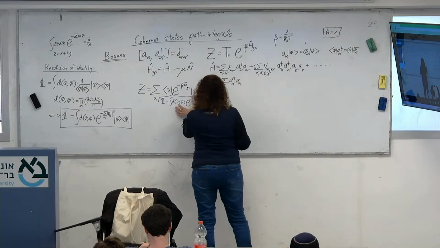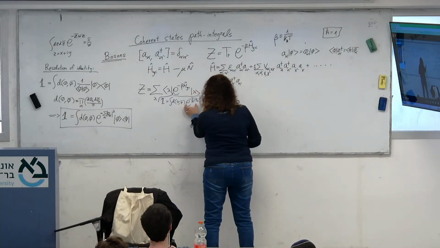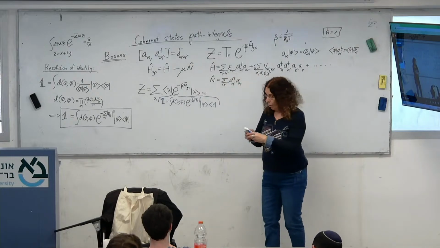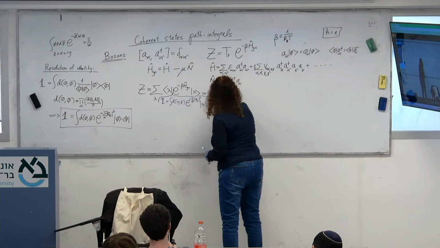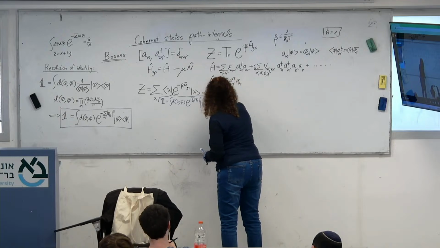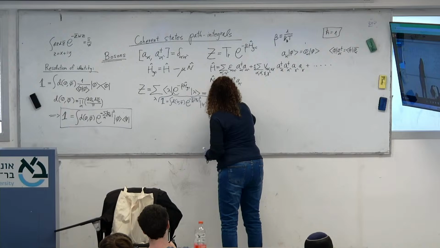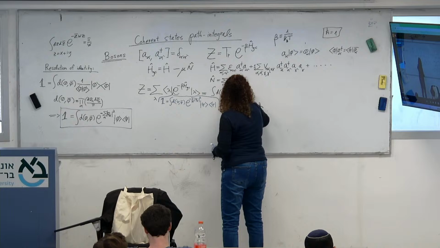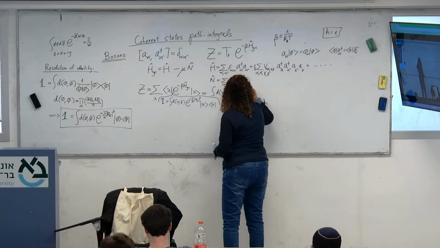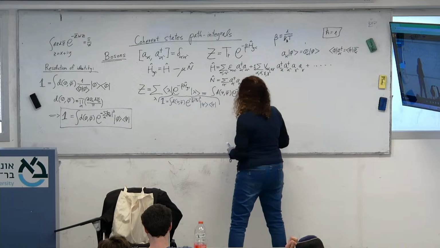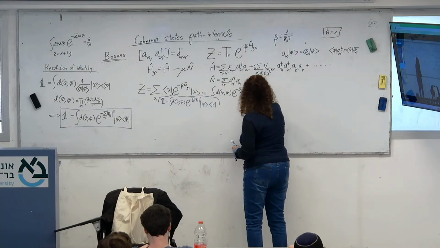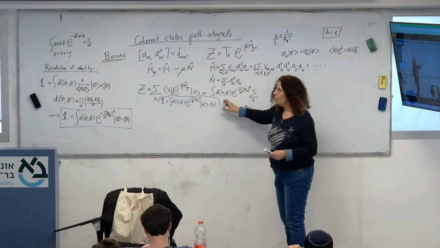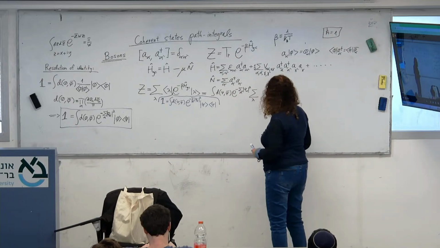And when I change the order, I can also take out this exponential factor because it's nothing but a number, right? So I'm getting, let me write it in a convenient form, d psi bar d psi e to the minus sum over alpha psi alpha absolute value square. And then I have my sum over lambda. I took out everything that does not depend on lambda and is not an operator.